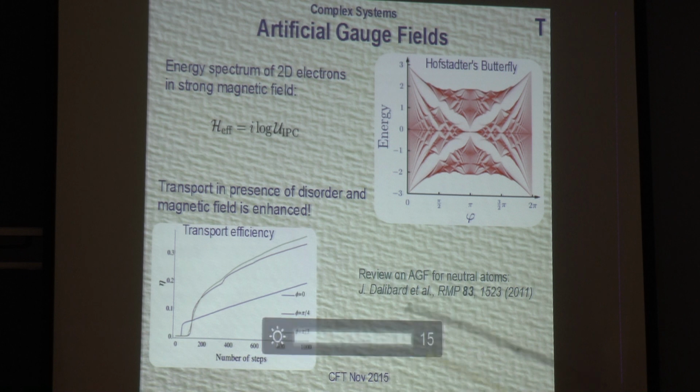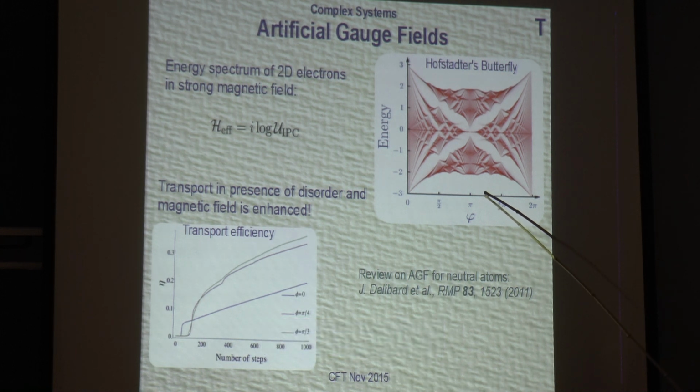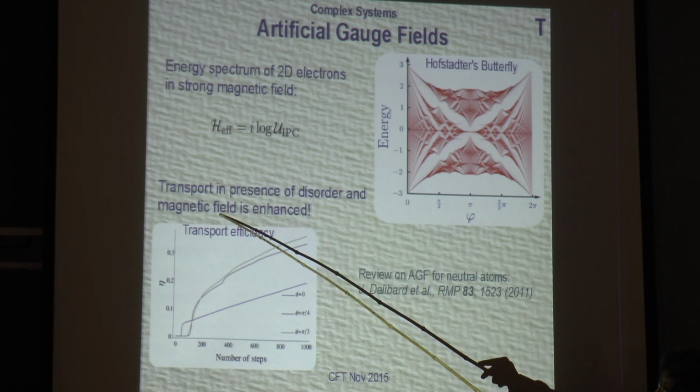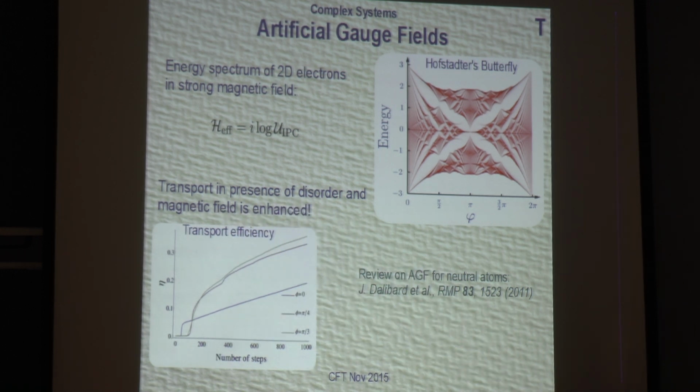In this model, it was possible to restore the energy spectrum in the form of the Hofstadter butterfly, typical of two-dimensional electrons in strong magnetic fields. Yet another interesting observation is that quantum transport in the presence of disorder and simultaneously a magnetic field is enhanced over the ideal case, assuming perfect coherence, no losses, no decoherence.